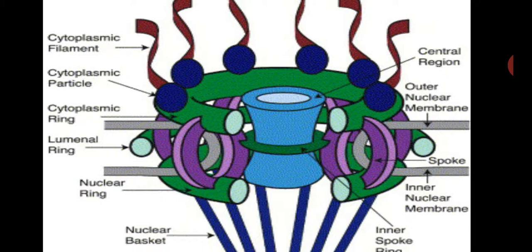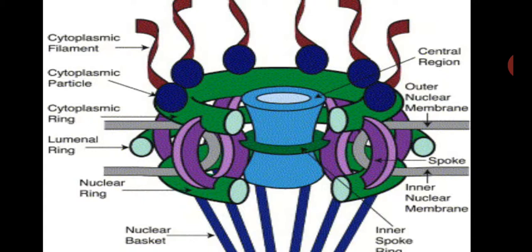In between these two, there is a luminal ring. Moreover, there are eight spokes connecting the nuclear ring and cytoplasmic ring.